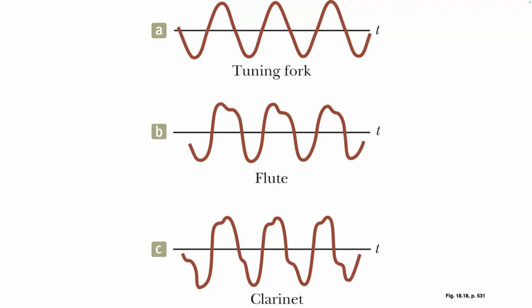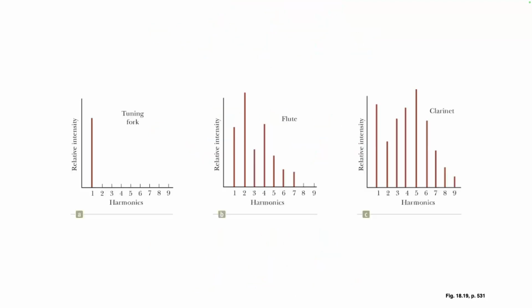But other musical instruments will have other harmonics in their waveforms, and you can get a fingerprint for what the different instruments' waveforms look like. You can take those fingerprints and mathematically strip apart the different harmonics that are being formed and see how strong those harmonics are relative to each other, and you get what are called frequency spectra.